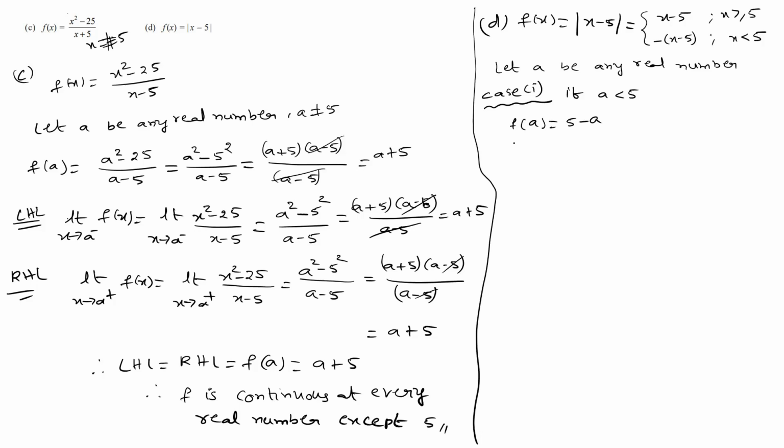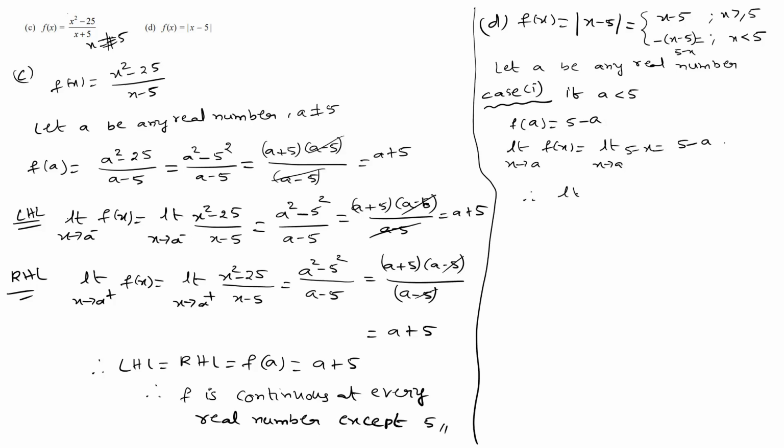Next, limit x tends to a, f of x is nothing but, this one is less than 5 now, minus of x minus 5, which is nothing but 5 minus x, and 5 minus x is nothing but 5 minus a here.